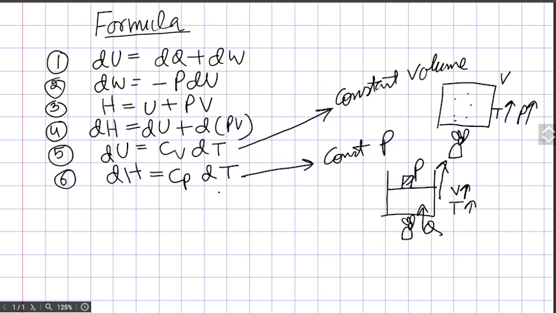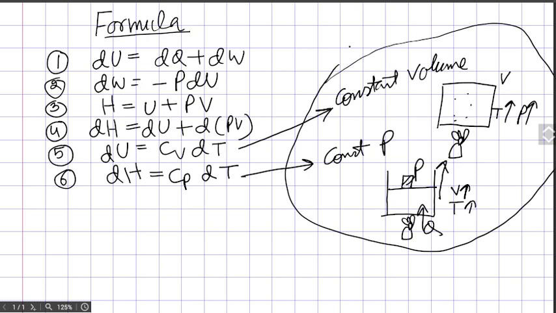But the point is now here, these two different formulas we will use for these two different processes when you are dealing with real gases.